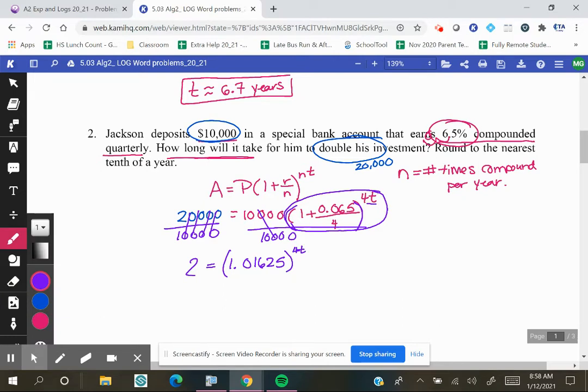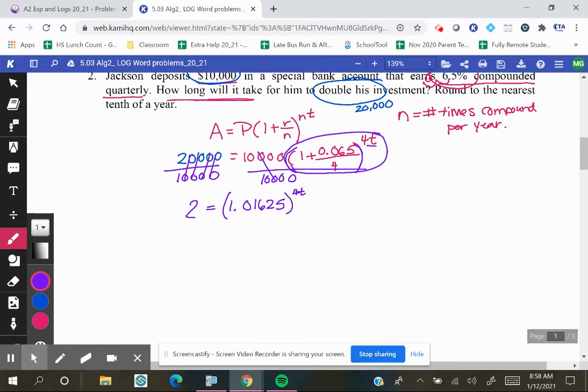All right, from here, I'd like you guys to pause the video and try to solve the rest of this completely on your own and then just check back. All right, so again, you would have put the log in front of each side. I'm going to go a little bit faster since you should have already done this on your own. So I swooped the exponent to the front, and then I'd have log of 1.01625. And now it's just a matter of solving for t.